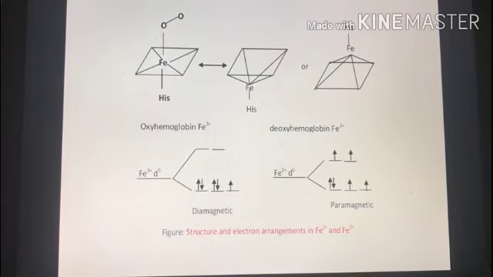When it shrinks in size and is brought down into the plane, that is the cause of pulling of the histidine residue along with the protein attached to it. As a result, the shape of the protein is adjusted and the binding characteristics of other sites are modified. This leads to greater oxygen affinity for the second iron center and so on. During the release of oxygen from Hb to Mb also such cooperative behavior exists.